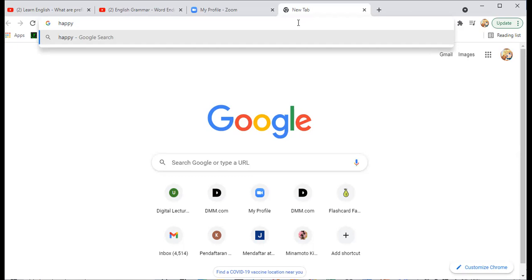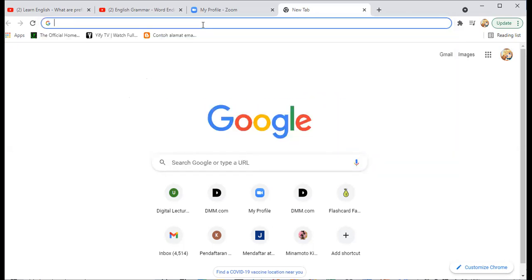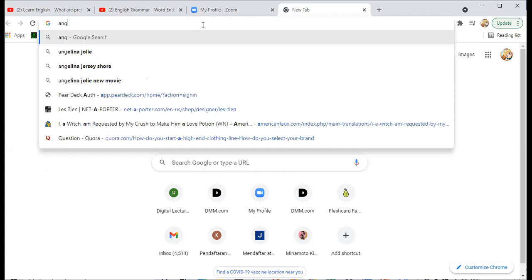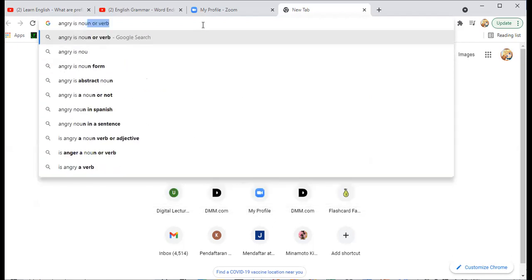Okay. So apparently, happiness is the noun and happy is the adjective. And so sad is also, then why angry is, okay, angry is the, it is noun or verb.